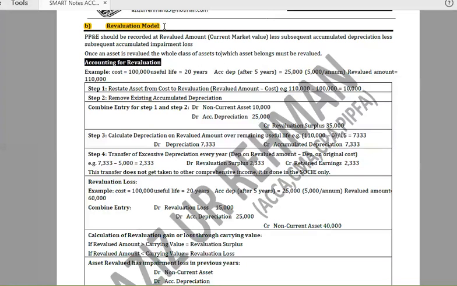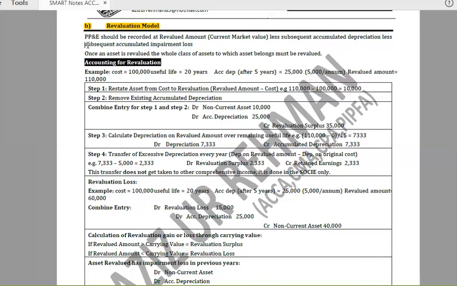So property, plant and equipment should be recorded at revalued amount. Means asset should be recorded at current market value instead of carrying value. So in this method, we will record the asset at market value. We will not record the asset at carrying value. So we will take current market value less accumulated depreciation less subsequent accumulated impairment losses.